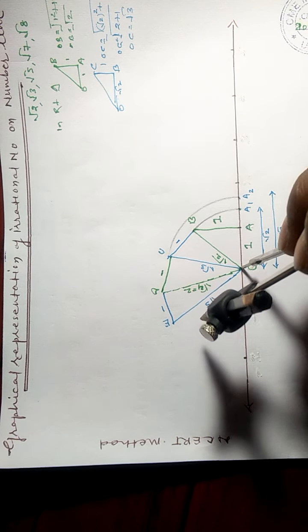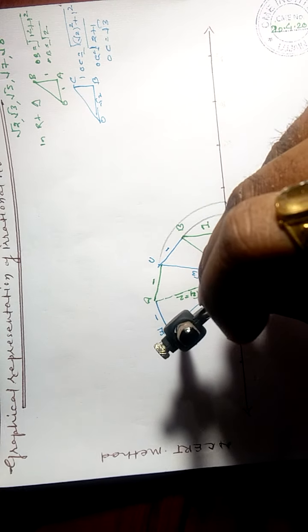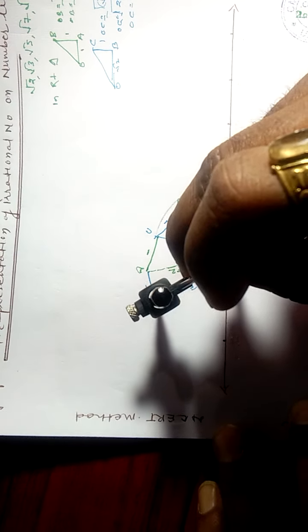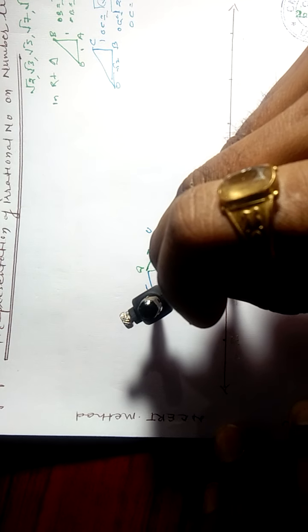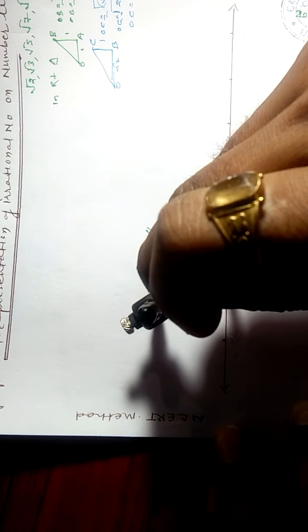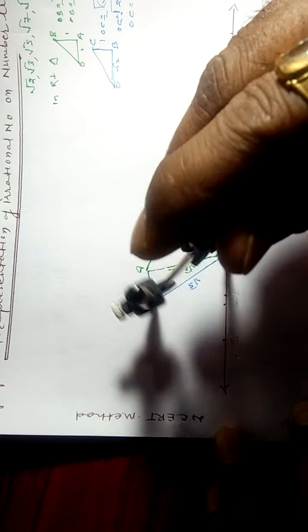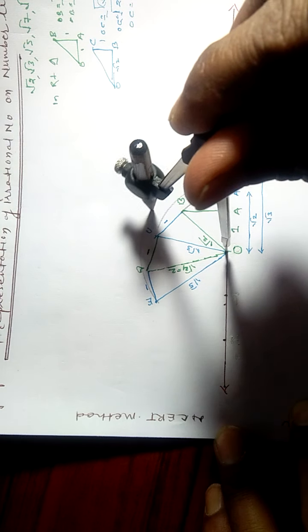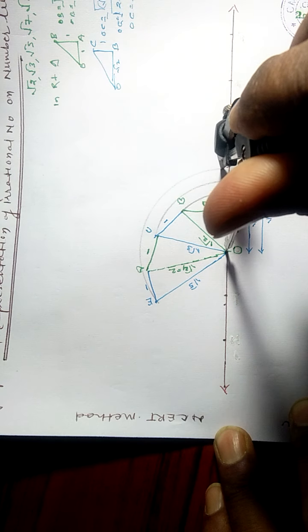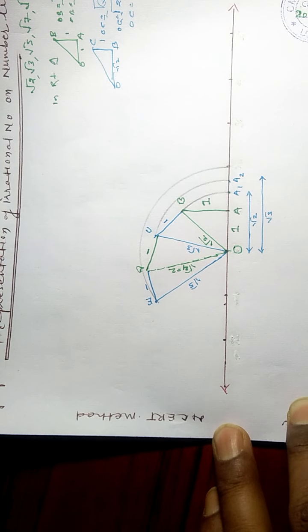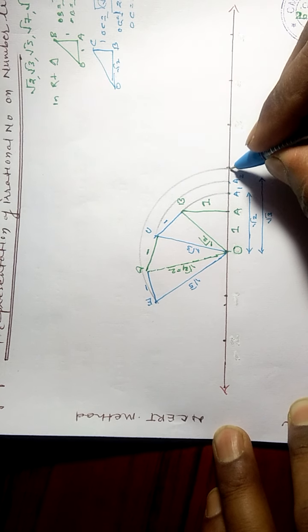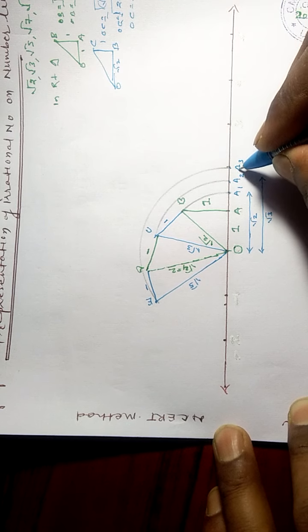Similarly, if we have to represent root 5, taking O as a center and OE as a radius, draw another circle, let it intersect at this point, take it as A3.